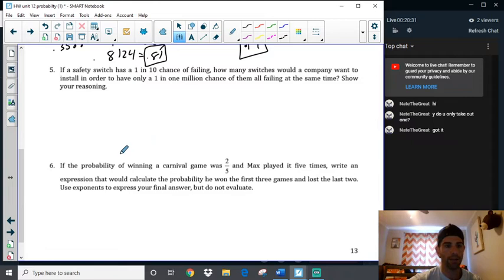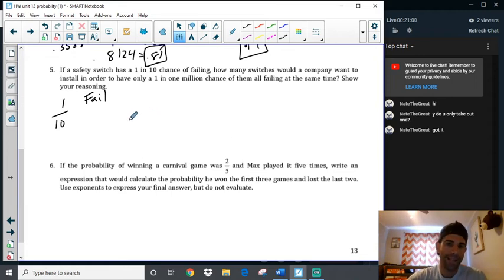Okay, number 5. If a safety switch has a 1 in 10 chance of failing, how many switches would a company want to install in order to have a 1 in 1 million chance of them all failing at the same time? Show your reasoning. So let's say I had one switch hooked up and it went off.